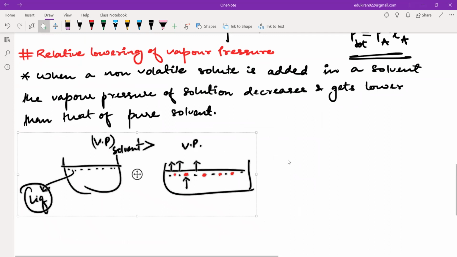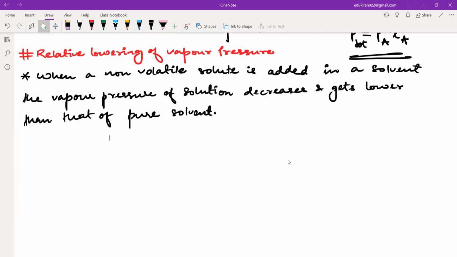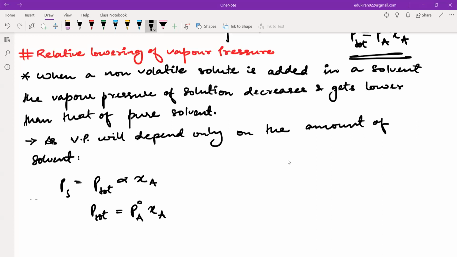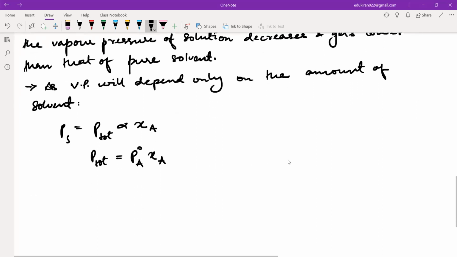Now, we delete this part. What we have seen till now is that vapor pressure will depend only on the amount of solvent, so we can write P total is directly proportional to chi A. And in order to remove this proportionality sign, we can write P total equals P naught A chi A. But this is only for a solution having non-volatile solute.